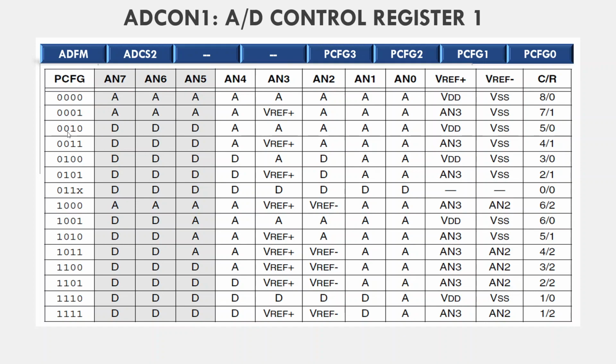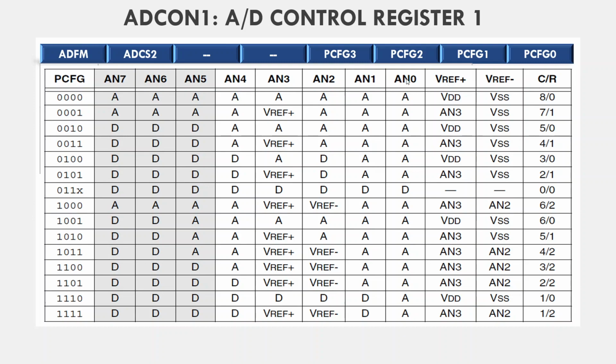Then the next mode is 0010. Here D represents a digital IO pin, meaning this pin is not currently configured as analog. In this mode channels 7, 6, 5 are spare for port A, that is digital IO pins, and pins 4 and 3 are configured as analog channel inputs.